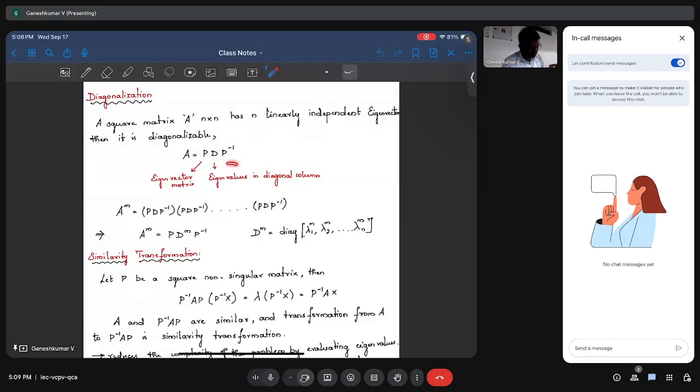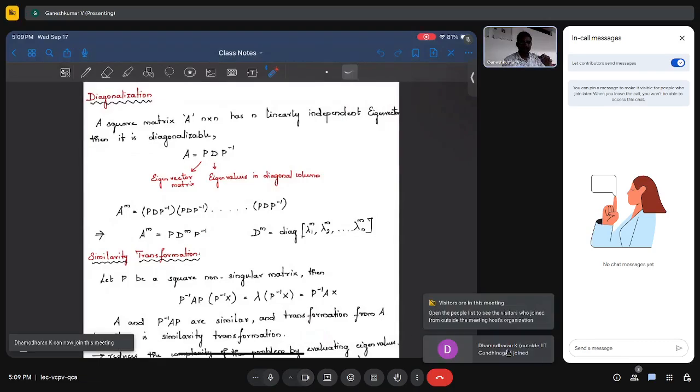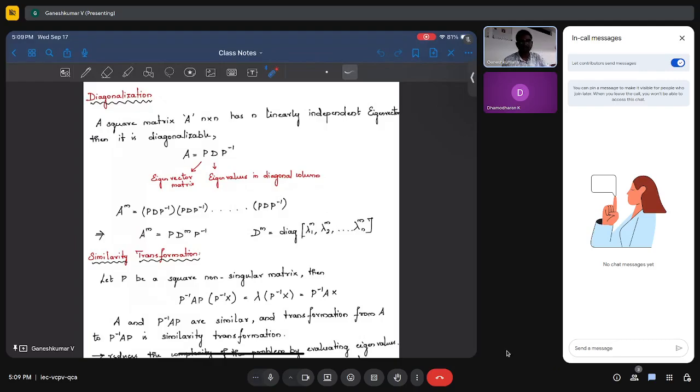Now it is very useful when you decompose your A matrix in terms of P and D, because if you want to find A power m, it is simply P D power m P inverse, where D power m you can easily find out because it has only diagonal entries, and D power m is nothing but all those diagonal entries raised to the power m. Okay, that is what D power m is.